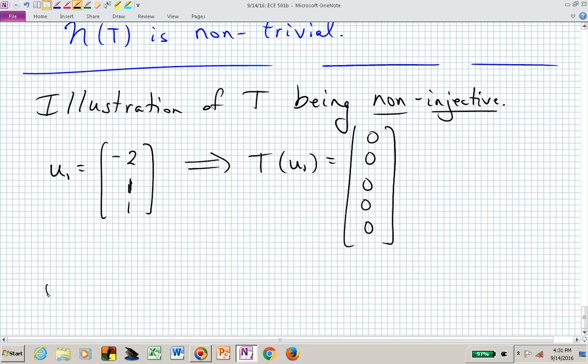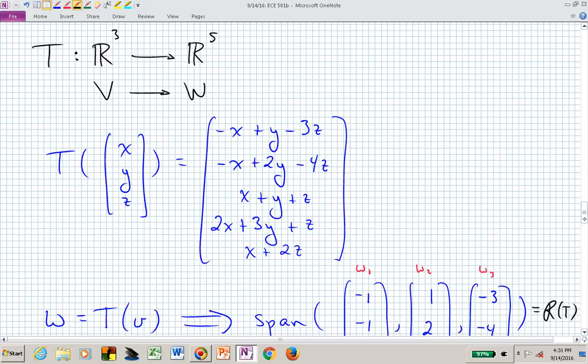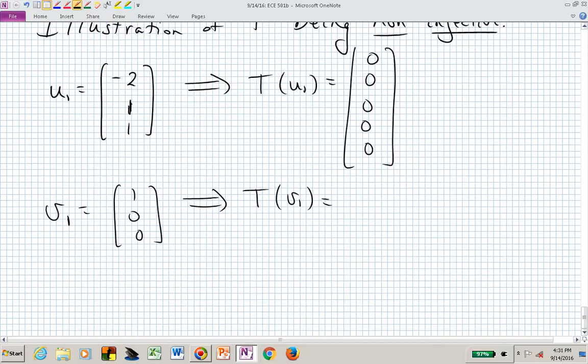What if we picked a V1 of 1, 0, 0? That was setting x equal to 1 and y and z equal to 0, and that's the one that we were calling W1 before. That's just minus 1, 1, 2, 1 for an output. So here, T of V1 is minus 1, 1, 2, 1.